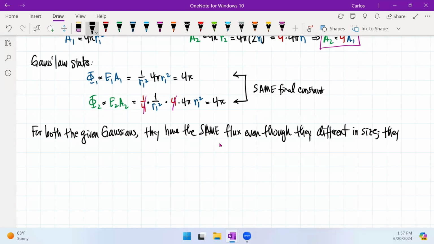The flux is independent of size of Gaussian.